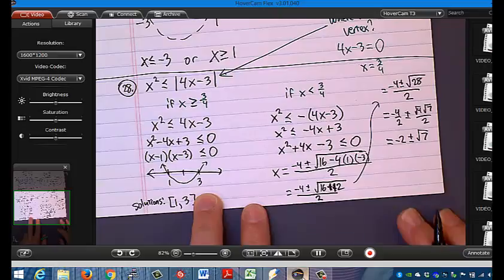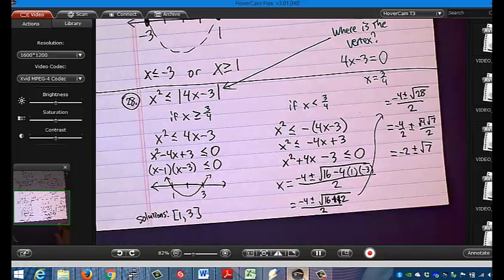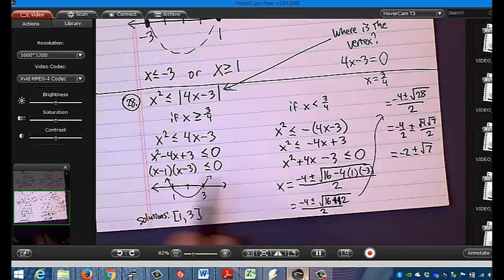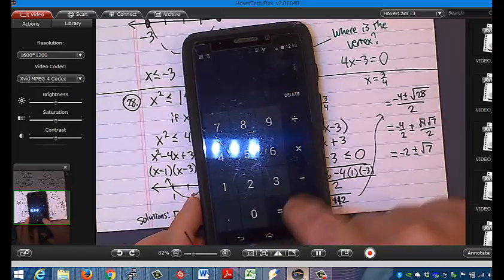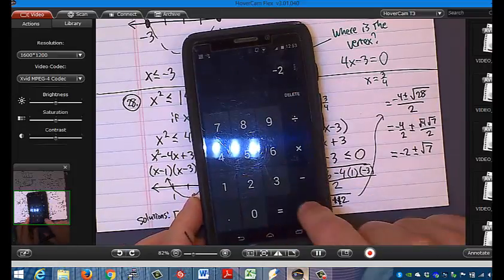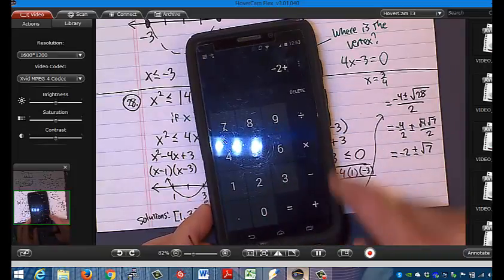So what's interesting here is if I take a calculator and type in negative 2 plus the square root of 7, right? Oh, I don't have the right calculator here, guys.